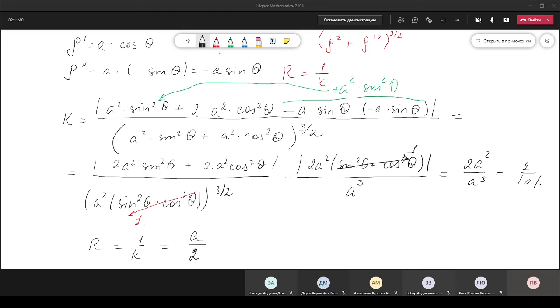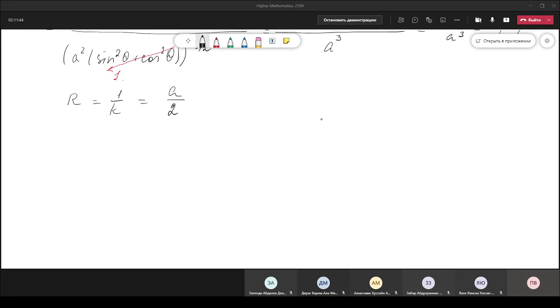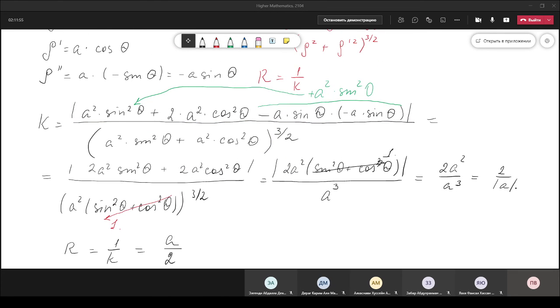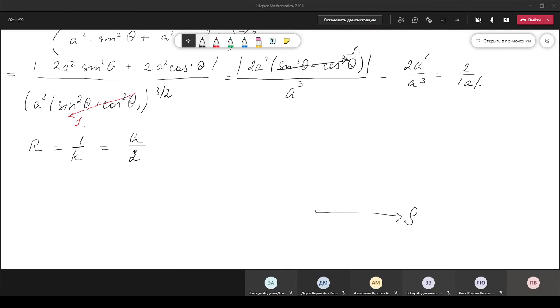Look, if we plot this figure, we will have this rho axis. Rho is a times sine of theta. It's null, perpendicular.